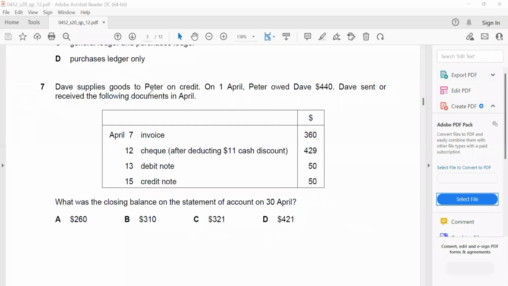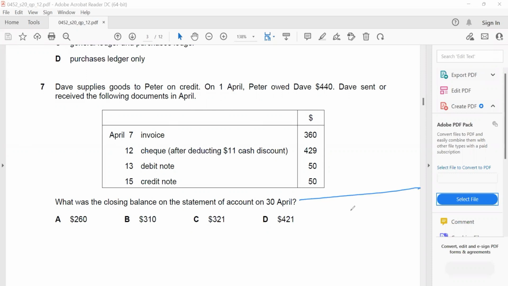Dave supplied goods to Peter on credit. On 1st April, Peter owed Dave 440. Dave sent or received the following documents in April. So April 7, invoice 330, check. Okay, what was the closing balance on the statement?